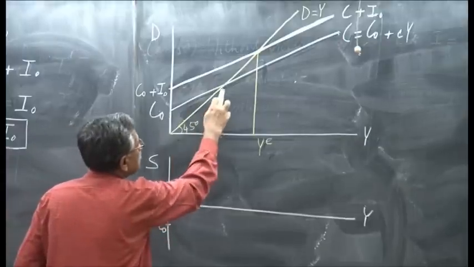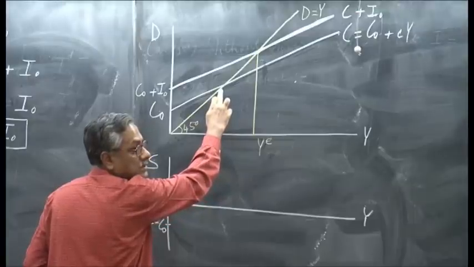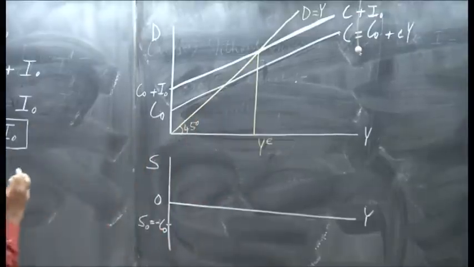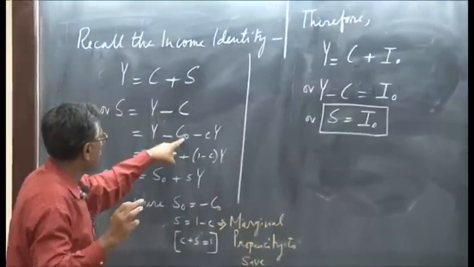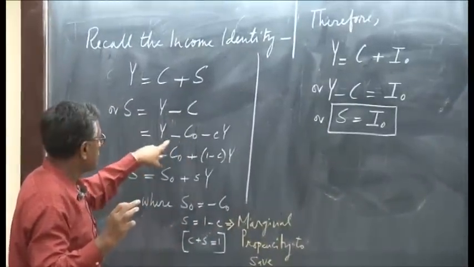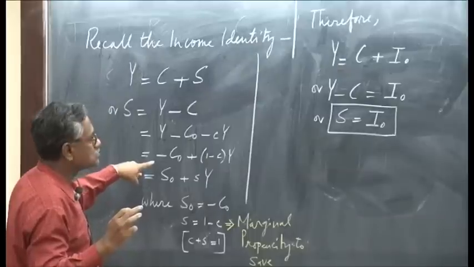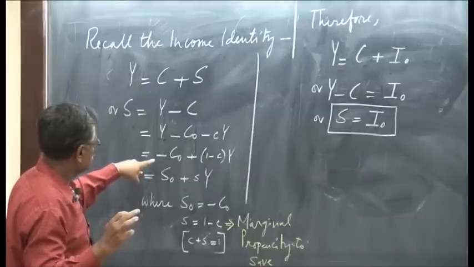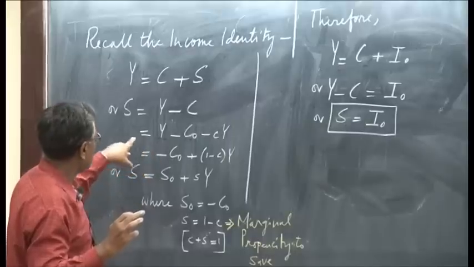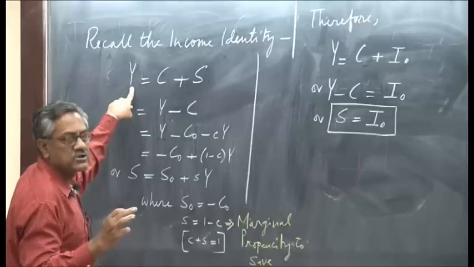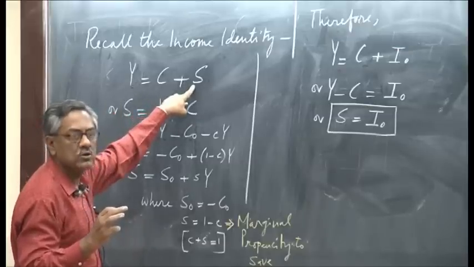And when the consumption line crosses Y, when C is equal to Y, the entire income is consumed, so S is equal to 0.